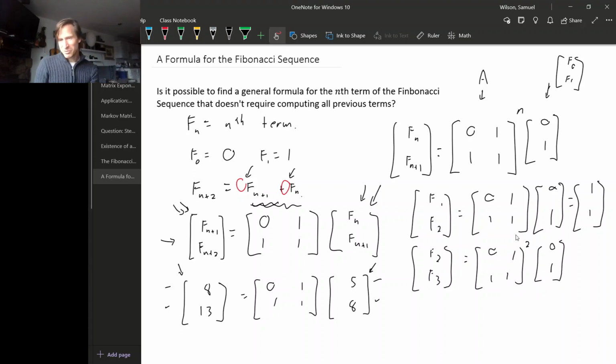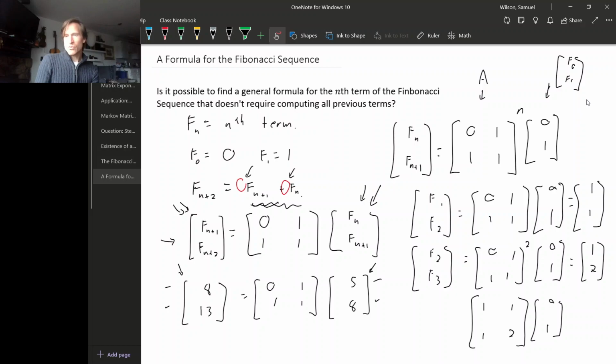And what is this? Well, we'd have to work out this matrix product. What is 0, 1, 1, 1 squared? That's going to be, looks like 1, 1, and then over here we're going to have 1, 2. And then multiply that by 0, 1. And we get 1, 2. And yeah, this is f sub 2 and f sub 3.